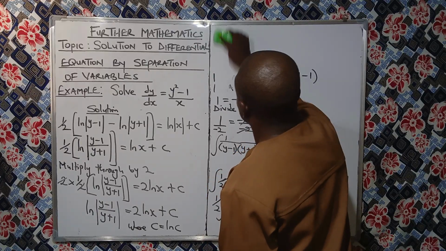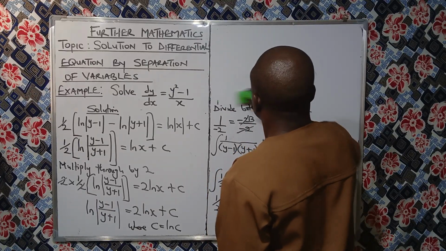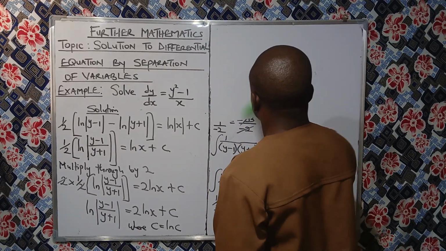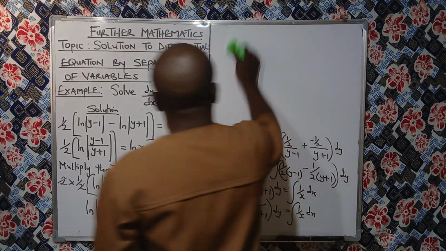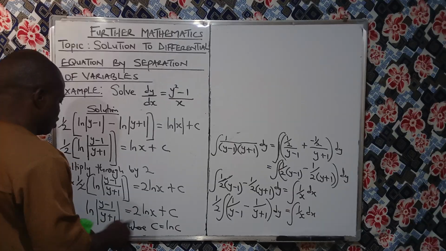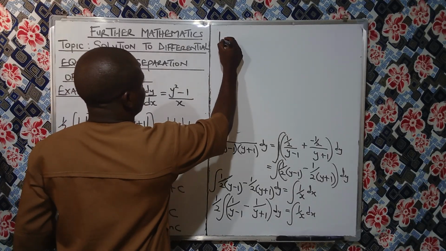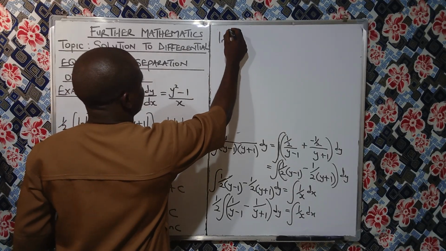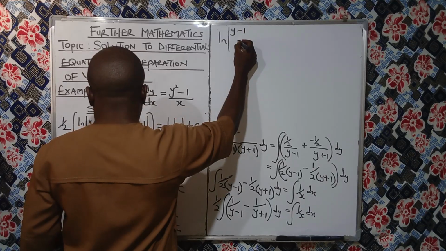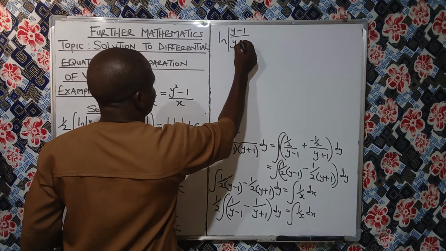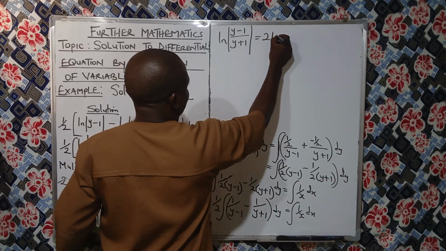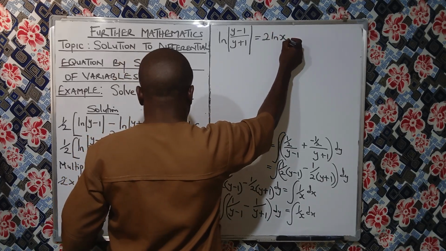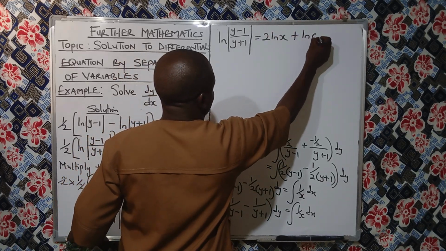Then ln y minus 1 over y plus 1 equals 2 ln x plus ln c.